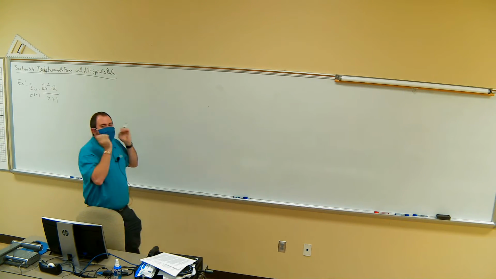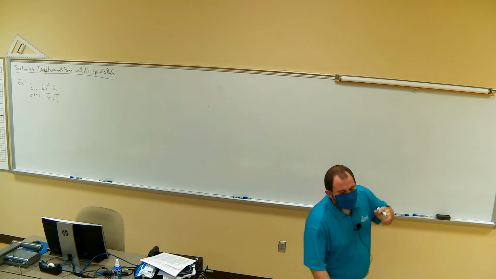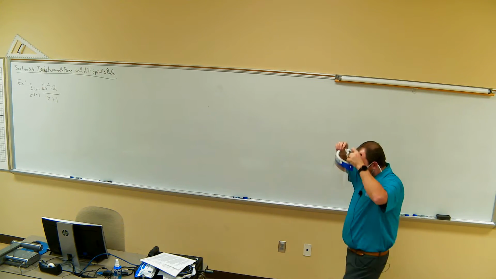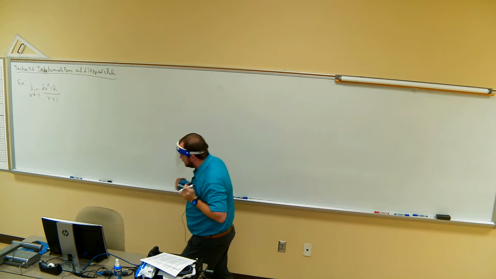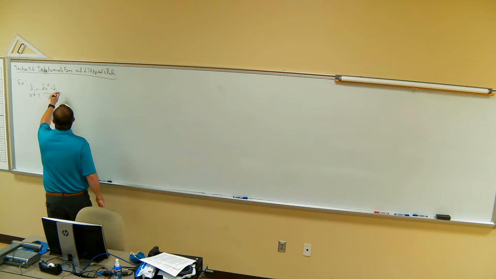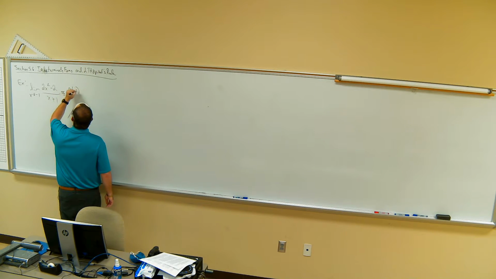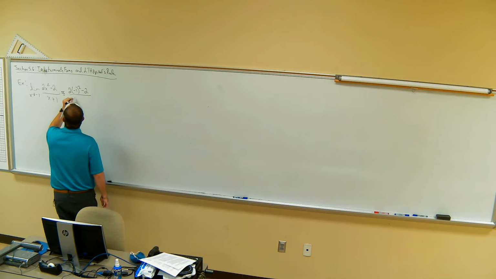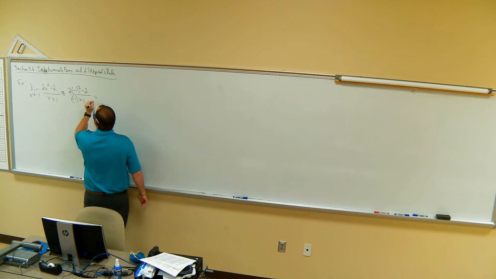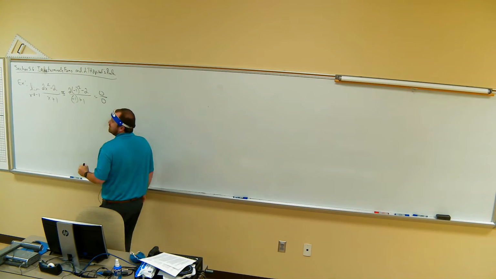Well, before you even factored it, remember, what's the first thing to try? Direct substitution. So if I direct sub in here, -1, that's going to be 2 times (-1) squared minus 2 over -1 plus 1, right? So -1 squared is 1, 2 minus 2, that gave us 0 over 0.